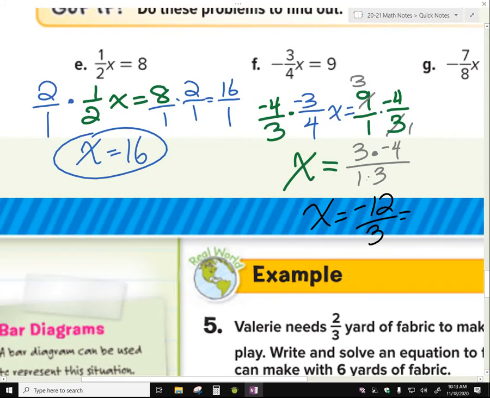Nope, I didn't write that right. Sorry. This comes out to be 12 over 1, which is equal to just negative 12. Sorry about that. Darn it, it was going so well.